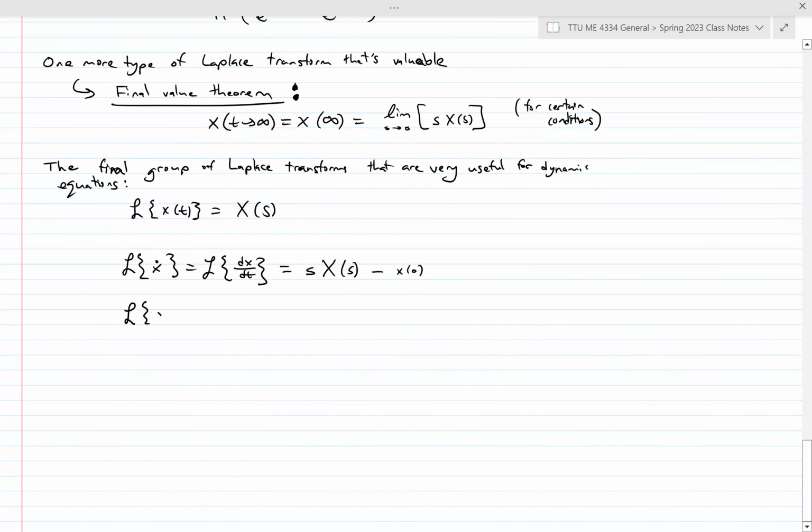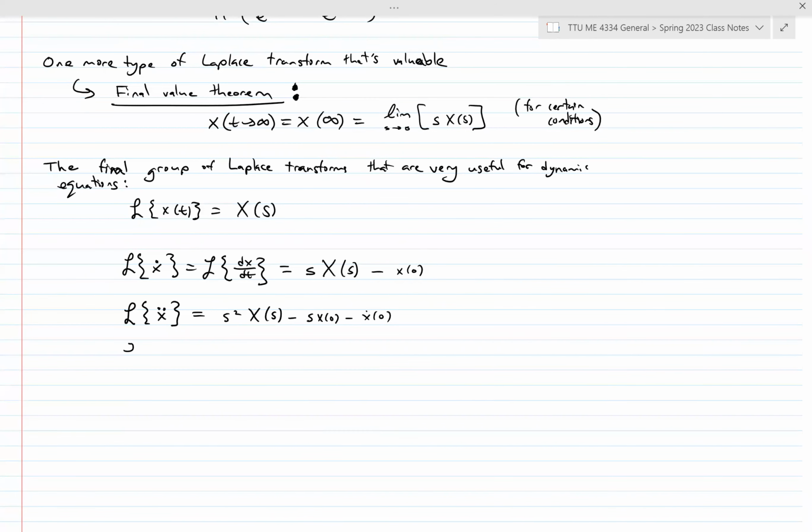The Laplace transform for x double dot would just be applying the same logic to this. What we'd end up with is s squared X of s minus s x(0), with a lowercase x, and then little x dot 0, for our other initial condition, because we have 2 derivatives, so we need 2 initial conditions.